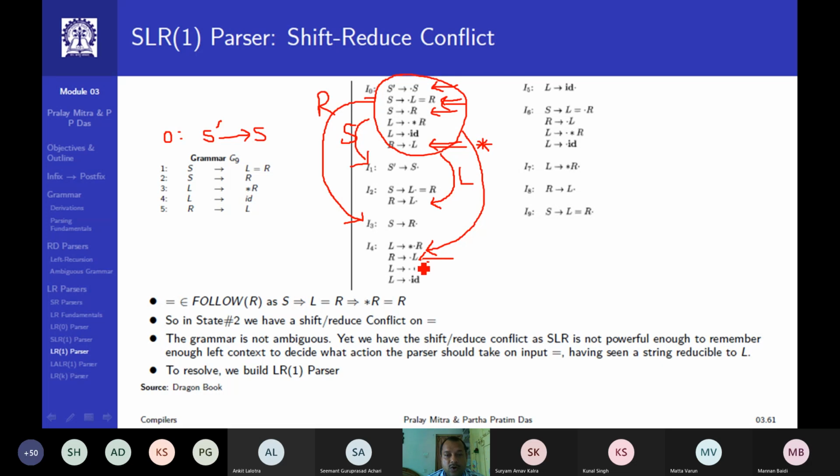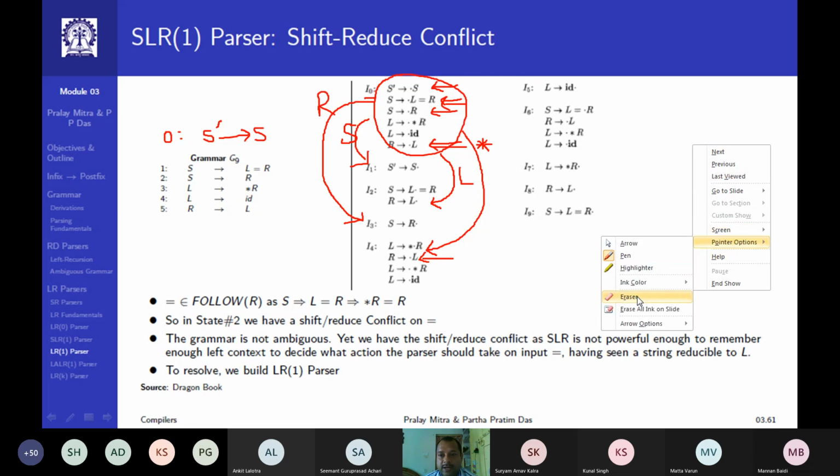Now the dot is on the left hand side of L. So following the closure property, the third and fourth production rules will also be included in I4. Similarly, I believe you can complete the total states and their respective transitions. Okay.